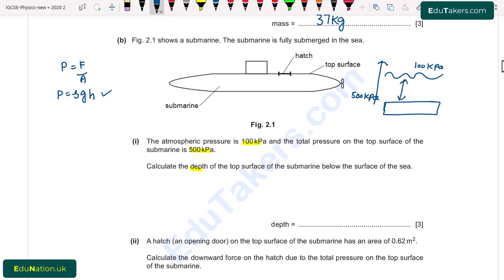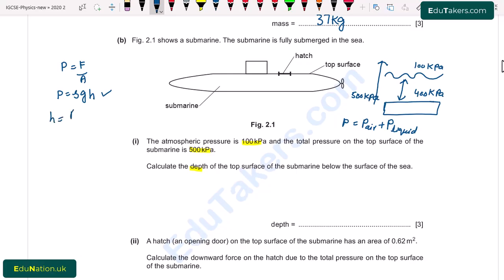This pressure comes to be 500 minus 100 and it comes to be 400 kilopascal. Because we know that total pressure is equal to the pressure due to air plus pressure due to liquid. So we can find out that pressure comes to be 400 kilopascal. Here we have to calculate height.